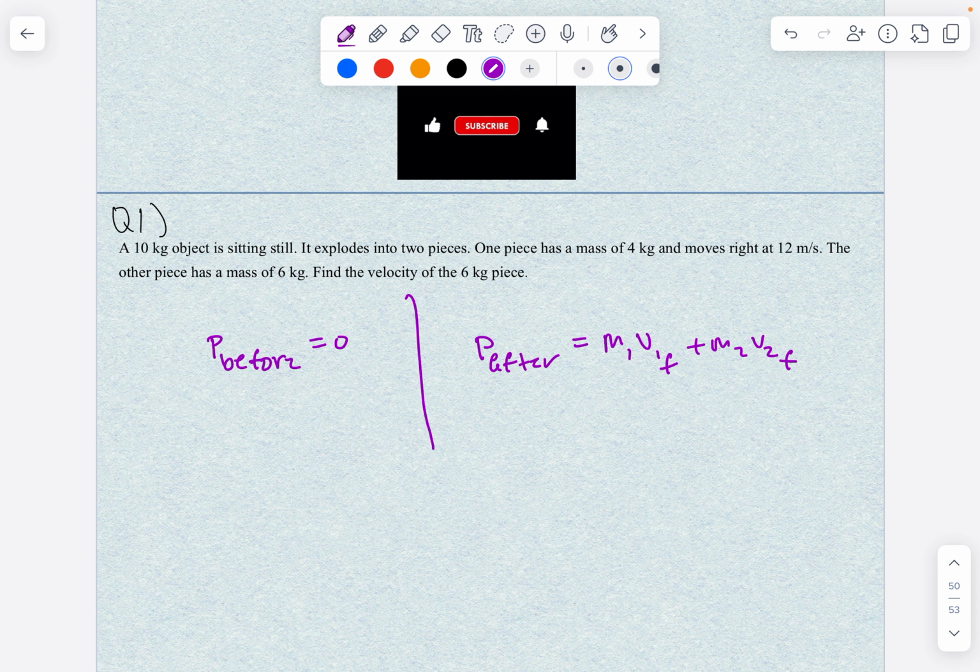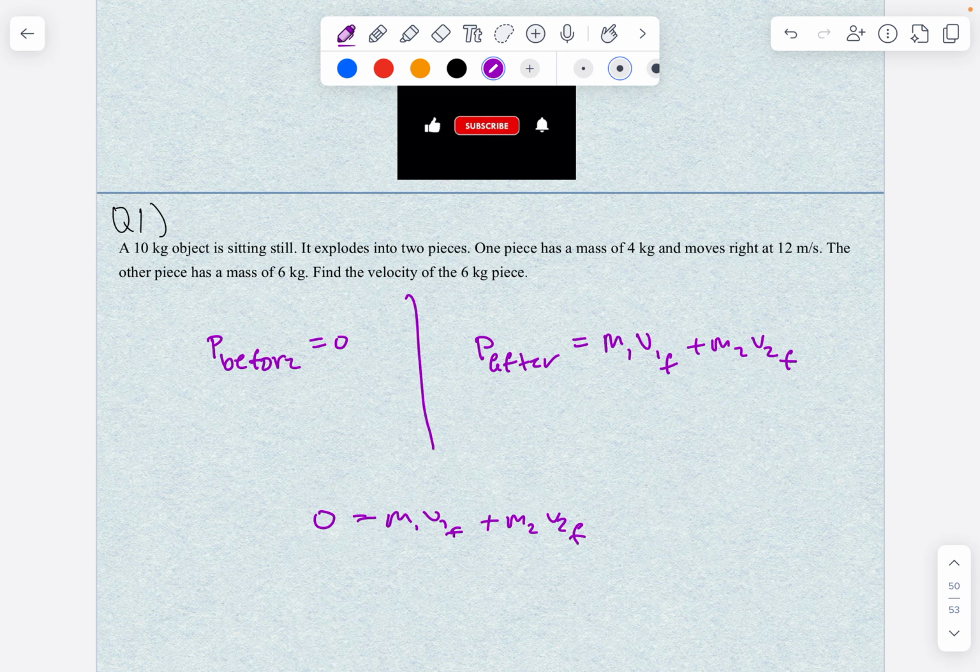So if we use conservation of momentum where we do the before is equal to after, we'll get 0 is equal to m1 v1 final plus m2 v2 final.